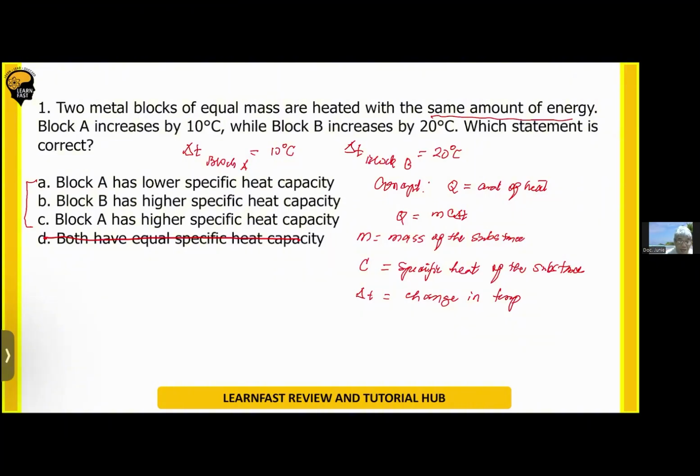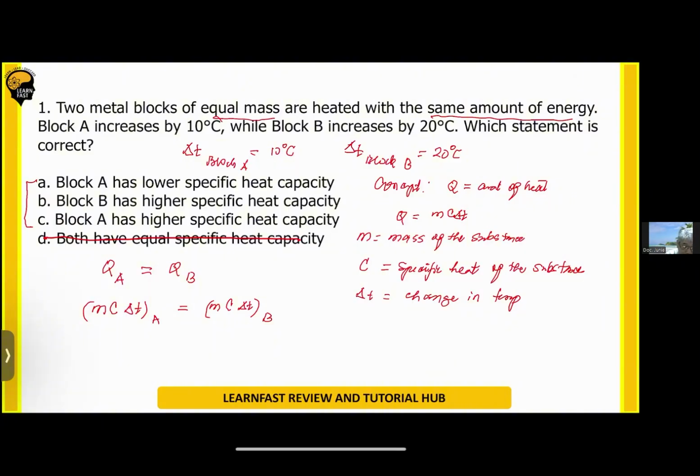So therefore you could say now the Q of block A is the same as the Q of block B. So the amount of heat transferred by block A is mass times its specific heat times delta T, sub A, equal to the amount of heat transferred by block B, MC delta T with reference to block B. It is clearly stated that they have equal masses.